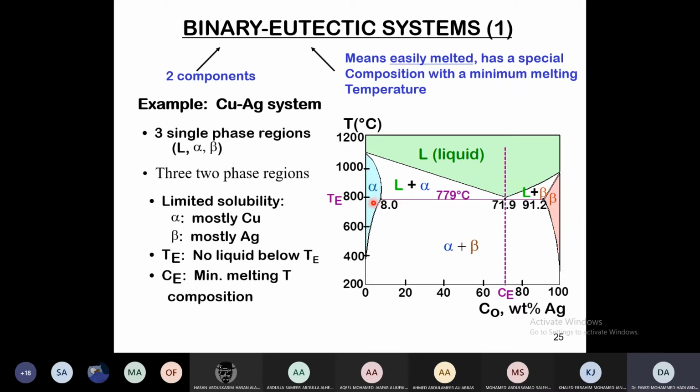So the alpha solid solution is a solid solution where the solute is silver and the solvent is copper. And the beta solid solution is a solid solution with the mother material being silver, and the solute that you are adding there is copper.